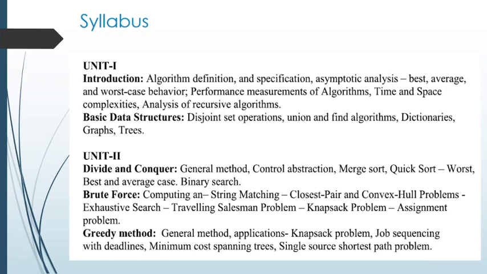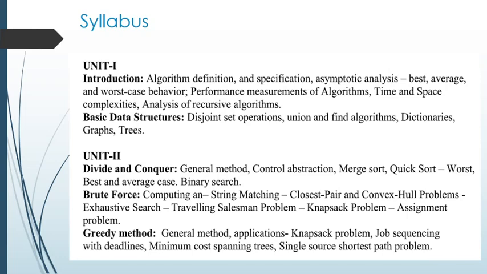So the introduction part is very easy. We are going to see the definition, the specification like characteristics, then the asymptotic notation, best, average and worst. Then we will see the performance measurement of algorithm, how you are going to measure the algorithm performance.